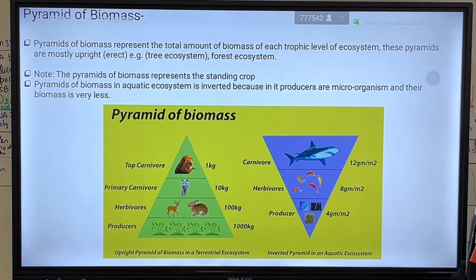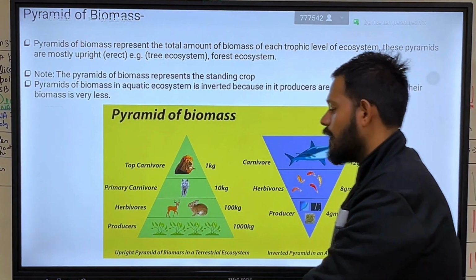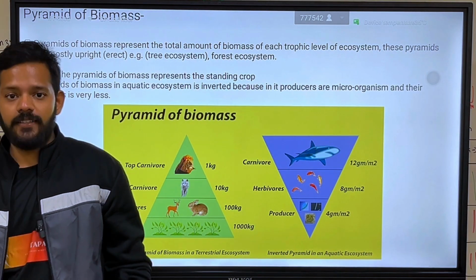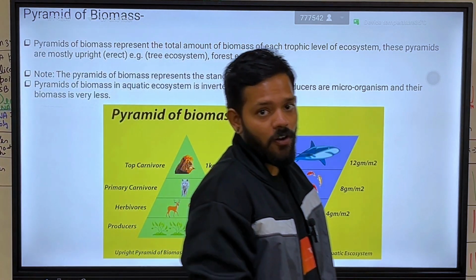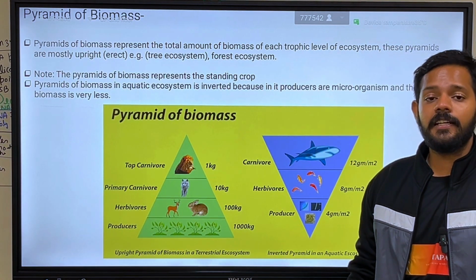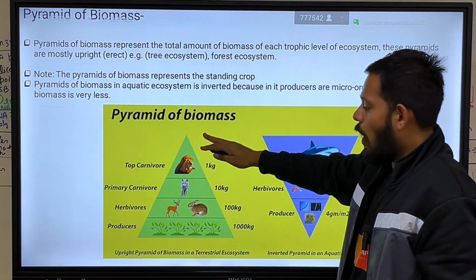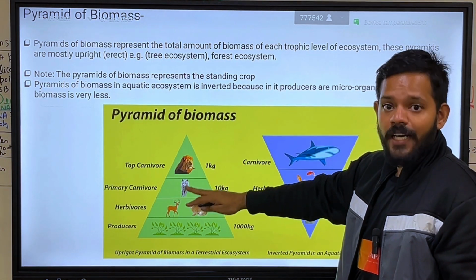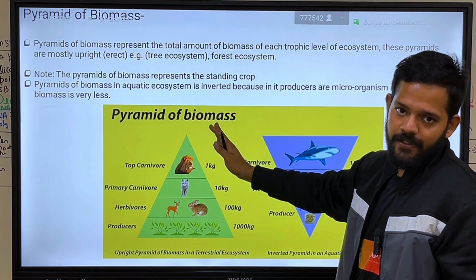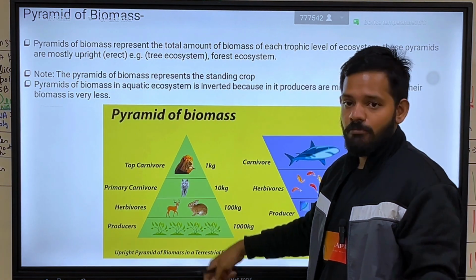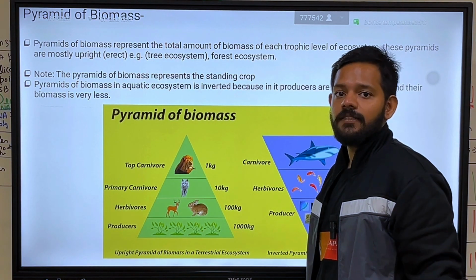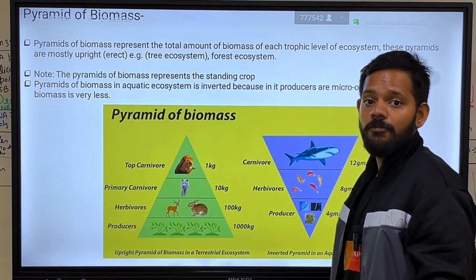Now next is your pyramid of biomass. In this we are talking about the weight of organisms present in a particular trophic level. When you talk about the grassland pyramid, the terrestrial pyramid, it is always upright. See, many producers are there, you weigh them and find they have more weight.